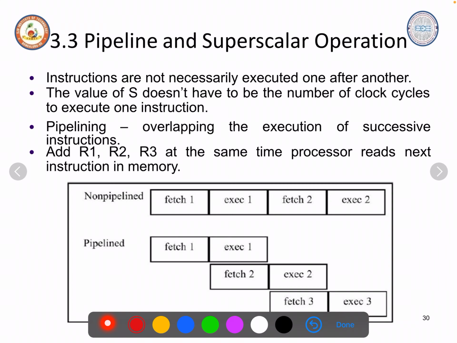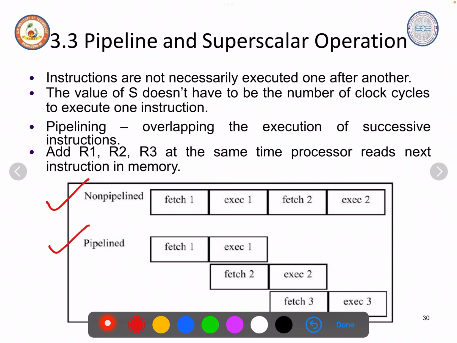Pipelining indicates an overlapping of the execution of successive instructions. Suppose I want to add R1, R2, R3; at the same time, the processor reads the next instruction from memory. So here you can observe non-pipelined and pipelined instruction execution. You fetch the instruction first and start executing.